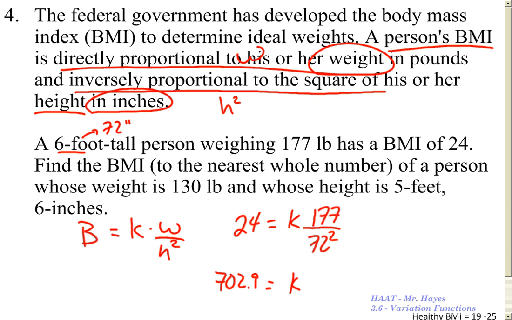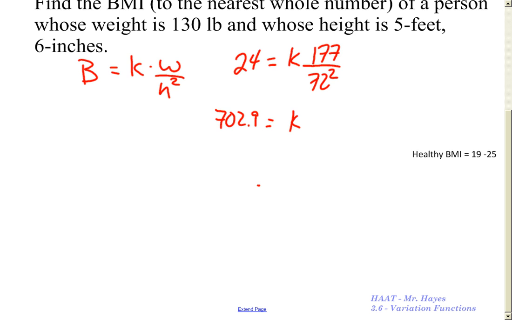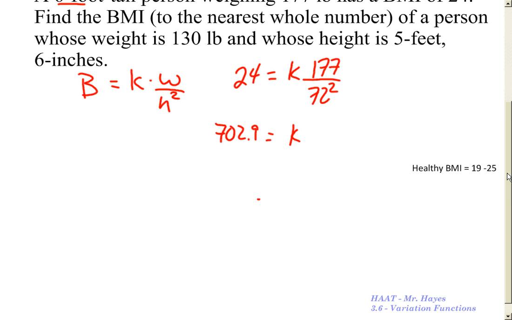I actually think it's 700 even, if I remember correctly, but I will check. So now we're going to use that constant and say, what's the BMI to the nearest whole number of a person whose weight is 130 pounds? So this number, again, remember, goes here. Let's go ahead and round it to 703.